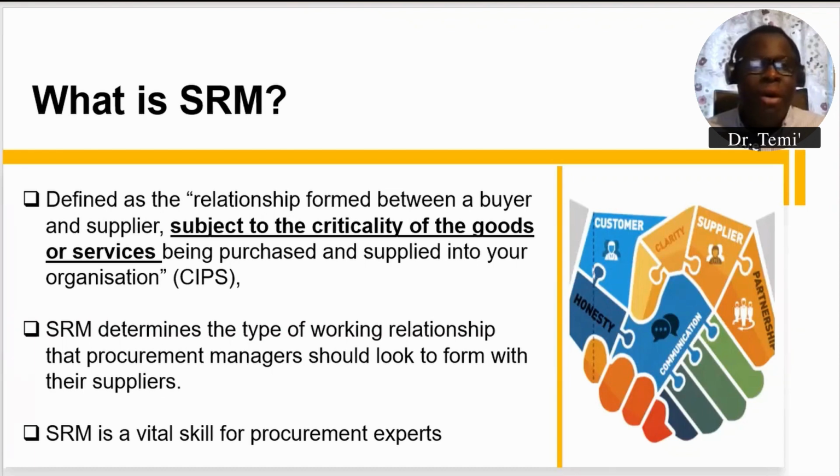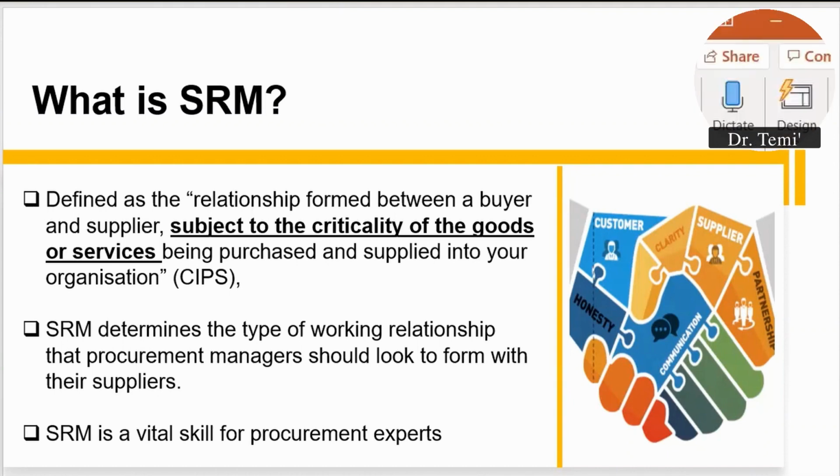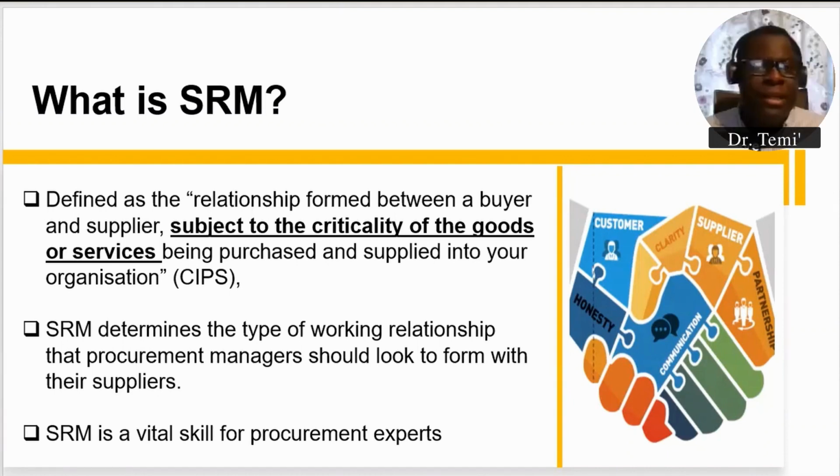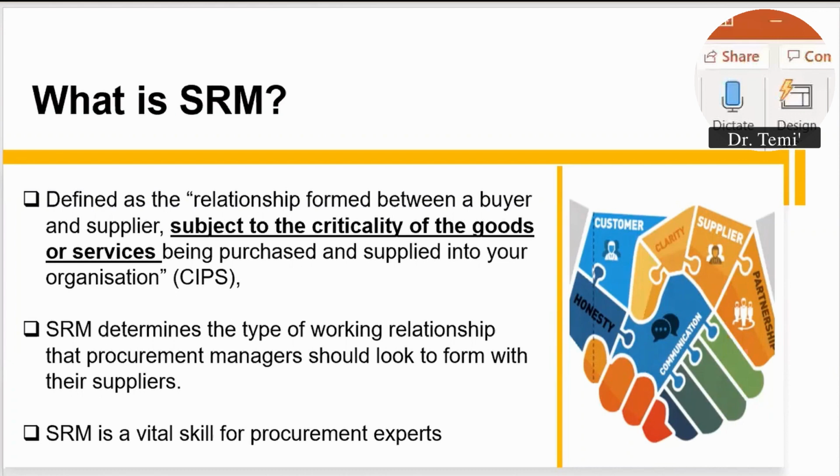So take, for instance, if you walk into maybe Asda, Tesco's, or Computer Warehouse, or any of the retail outlets, and you see various products on their tills that are provided or supplied by different suppliers. Now, it might be challenging for that organization to develop a relationship with all those thousands of suppliers. That is not efficient. That involves some administrative cost. And in order to address that, it makes a lot of sense for you to choose which supplier you want to develop a relationship with.